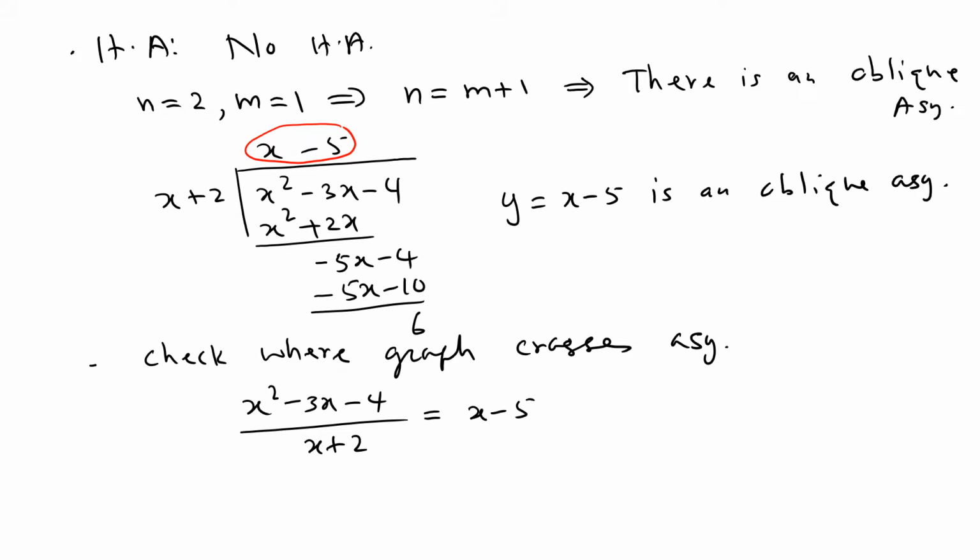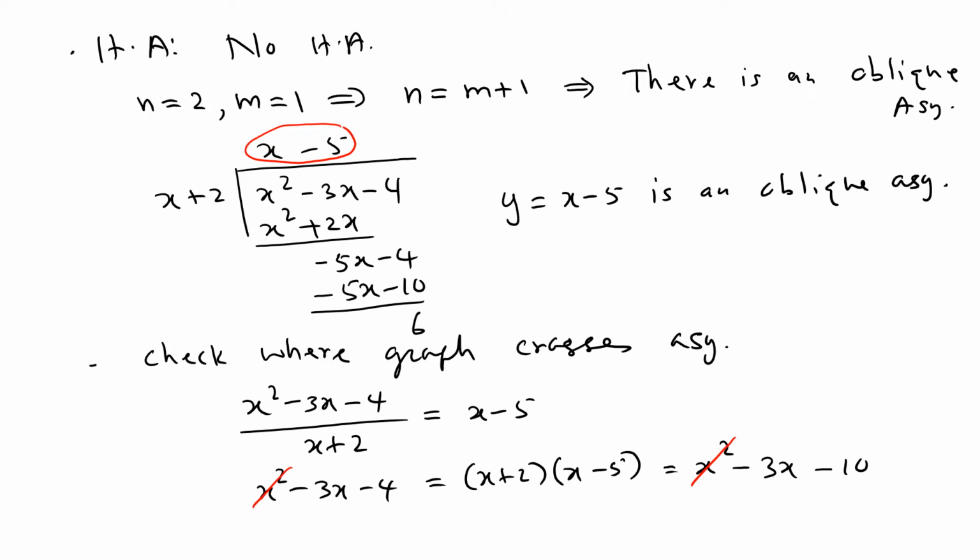If you cross multiply, you get x squared minus 3x minus 4 on one side. On the other side, you look at the product of these two, which is x squared minus 3x minus 10. Something interesting happens: x squared gets cancelled, negative 3x gets cancelled. So you get negative 4 equals negative 10, and this is a contradiction.